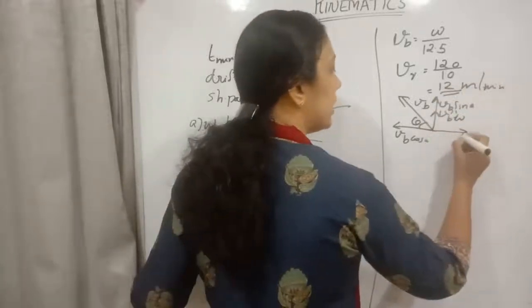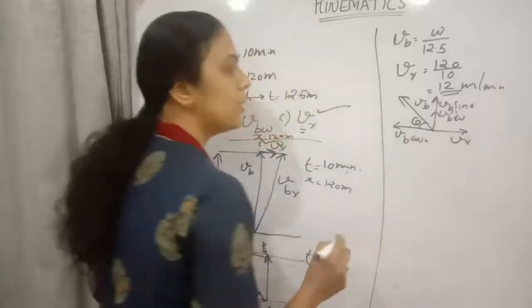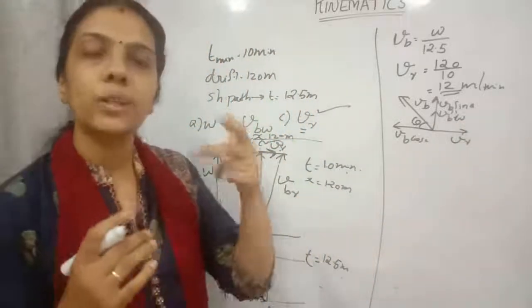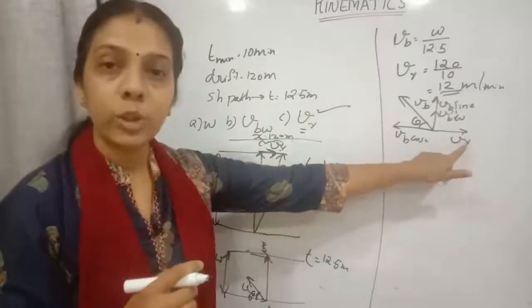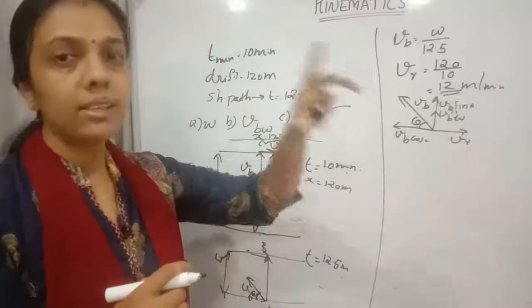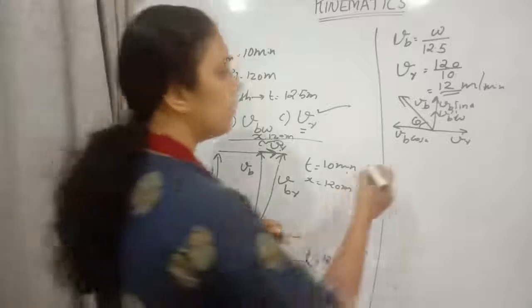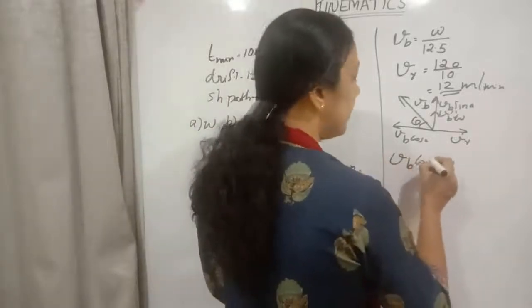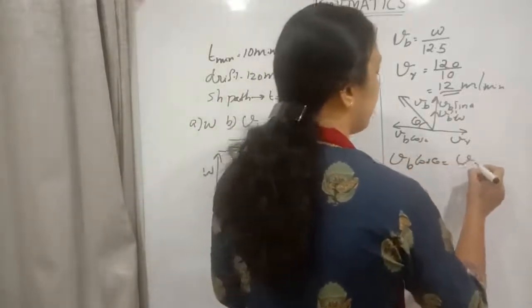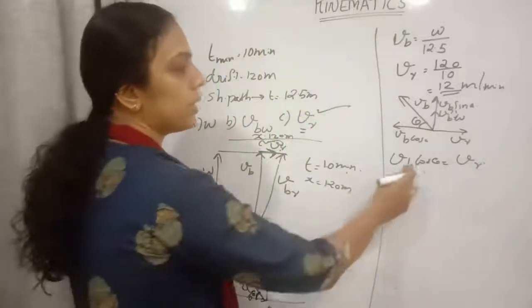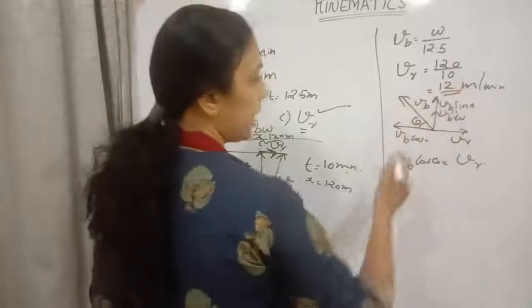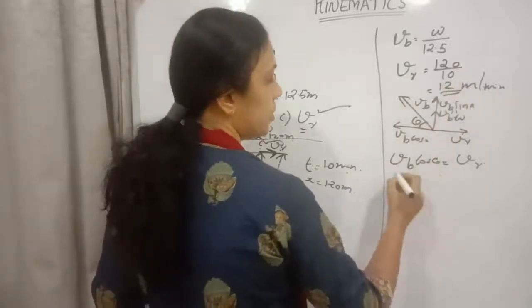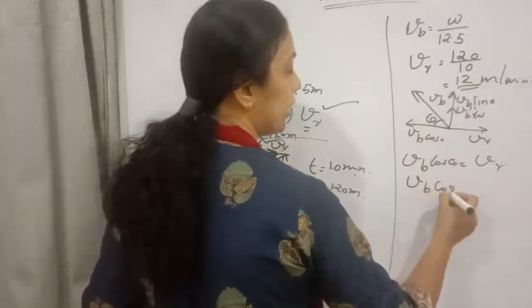And we know that the river is moving in this direction. So to get the shortest path, VB cos theta should be equal to VR. That is the condition. Here we got the VR value as 12, so VB cos theta equals 12.